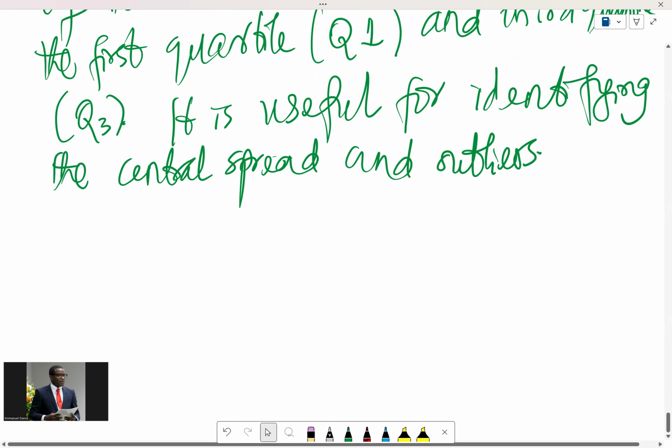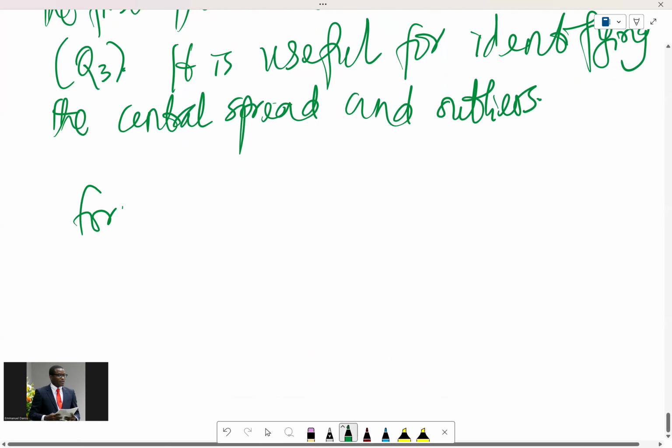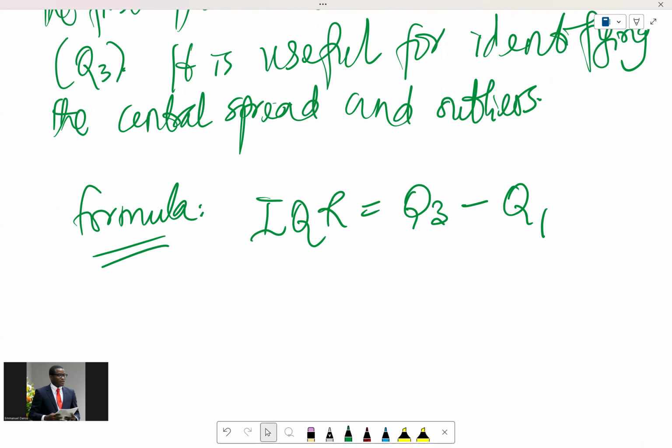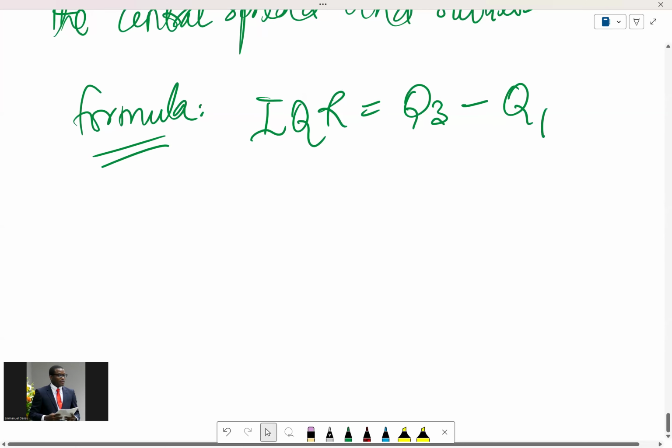Okay. So what's the formula for the interquartile range? The formula is simply that the interquartile range is equal to the third quartile minus the first quartile. We had that taken care of previously, but I'm going to repeat it here.